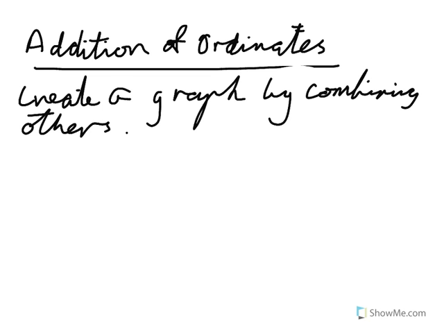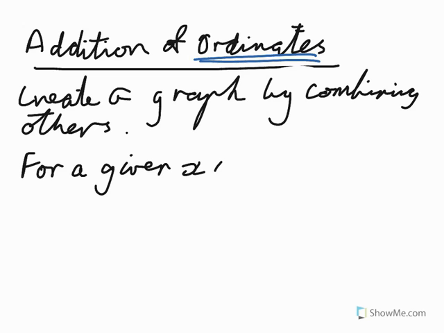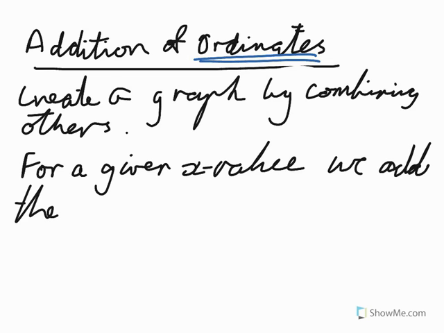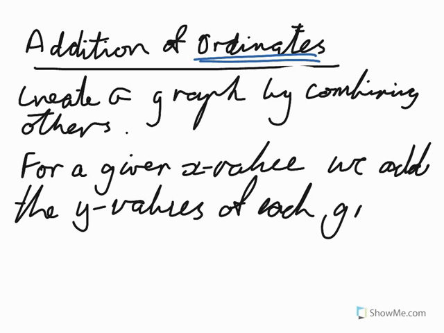The ordinates part comes from, for a given x value, we add the y values of each graph. So the addition of ordinates is the addition of the y values, or the y coordinates.